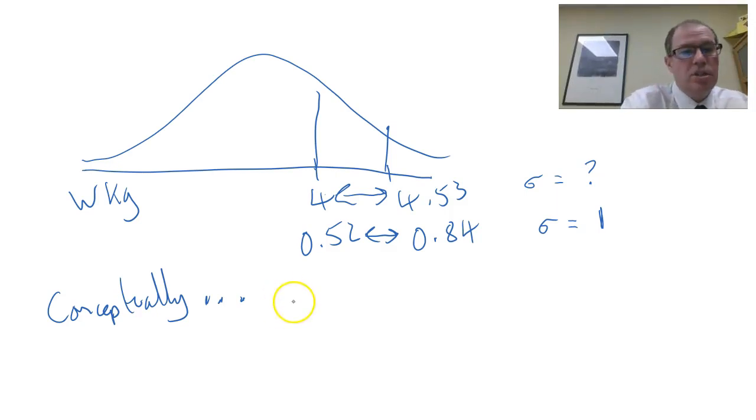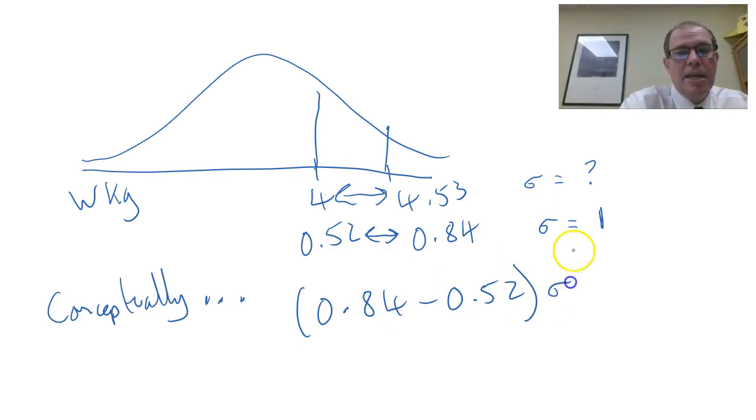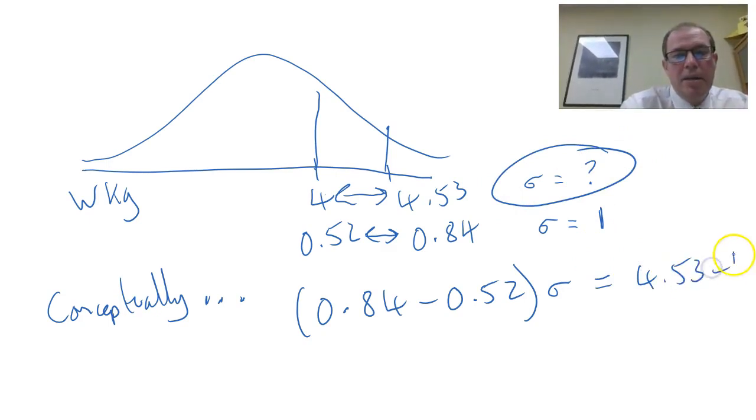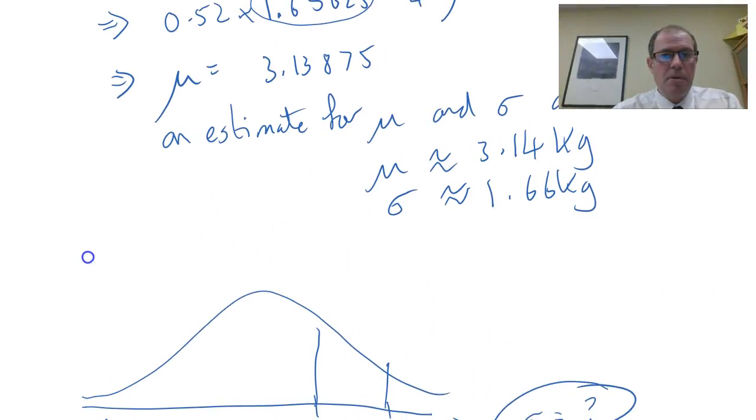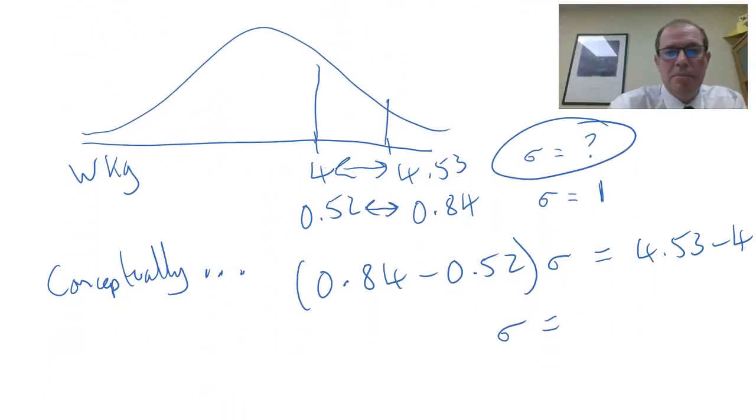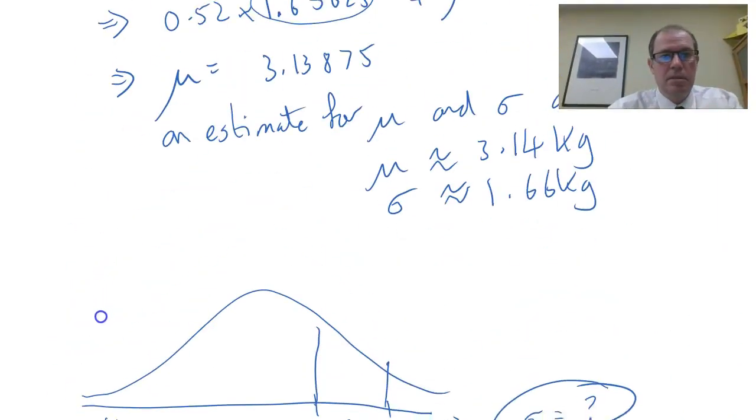So therefore, it's simply a ratio: 0.84 minus 0.52 times the standard deviation that we're trying to work out has to equal 4.53 minus 4. And solving that will give me the same answer I got before of sigma, which was 1.66 kilograms.